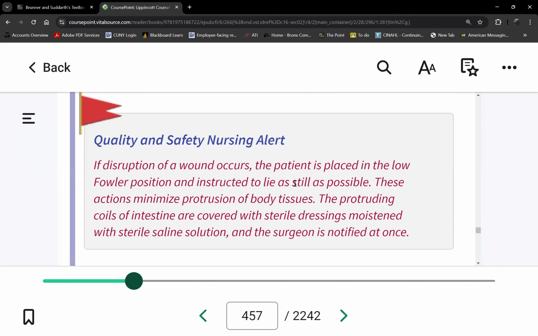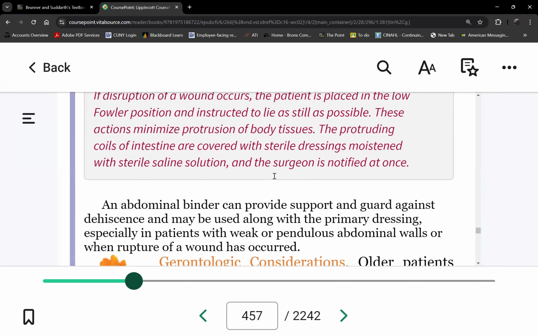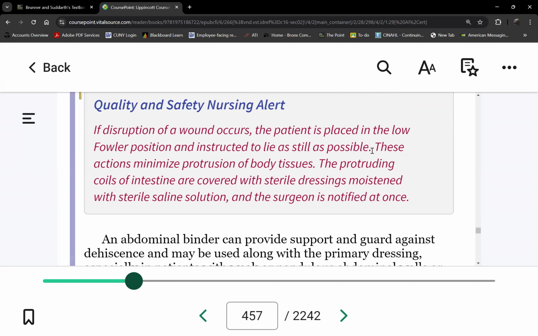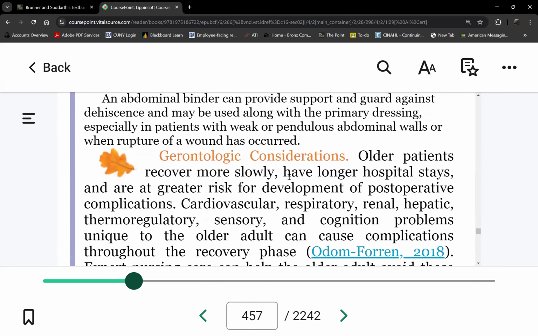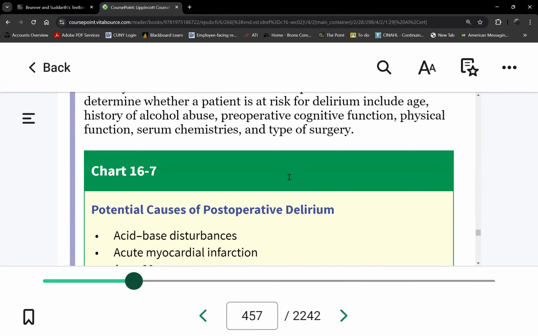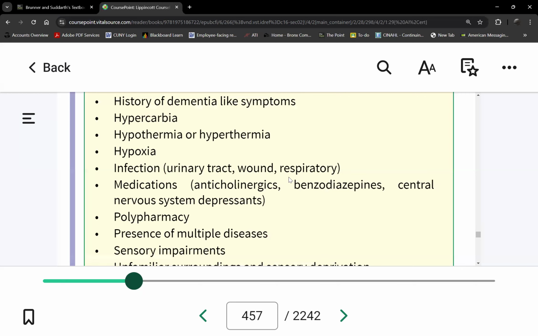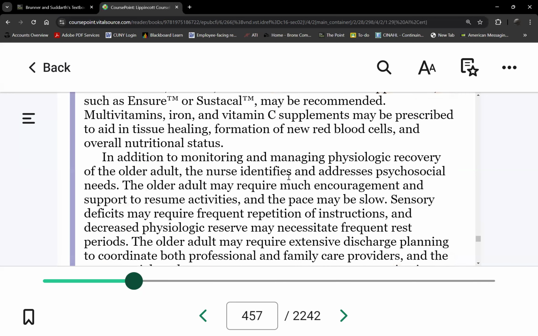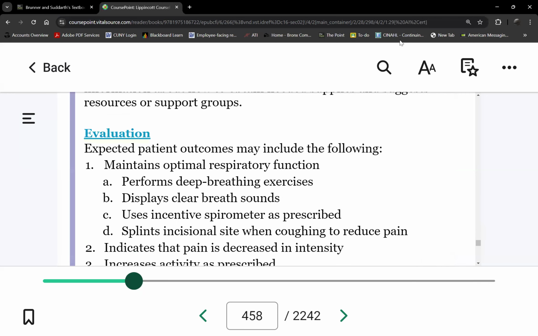Are we clear? The rationale is here. Why do you put the patient in this recumbent position? To minimize further protrusion of organs or tissues. All right, that's it. Any questions?